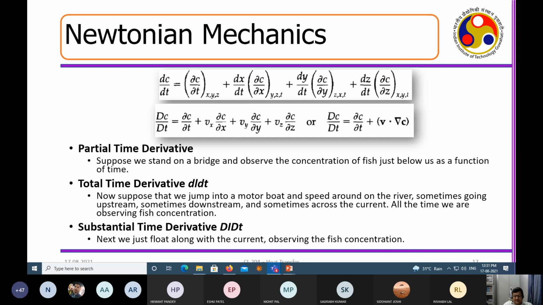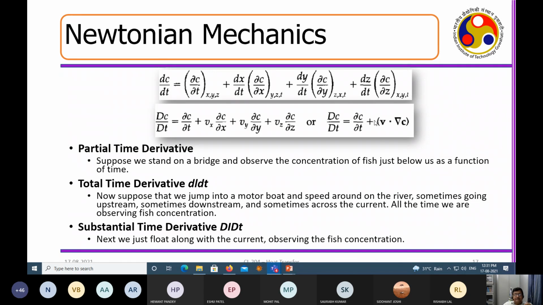It can be temperature, it can be concentration, it can be any of the velocity components. It is going to give you a derivative which is called the substantial derivative or total derivative. It measures the local variation with respect to time together with the convective variation with respect to time.